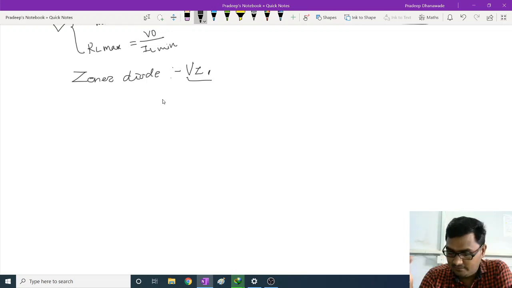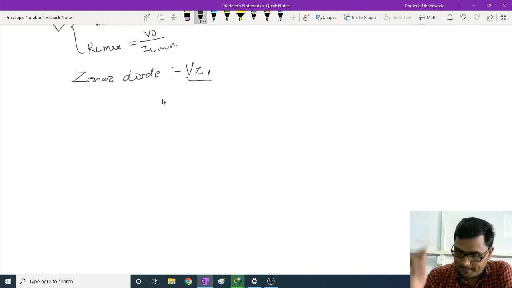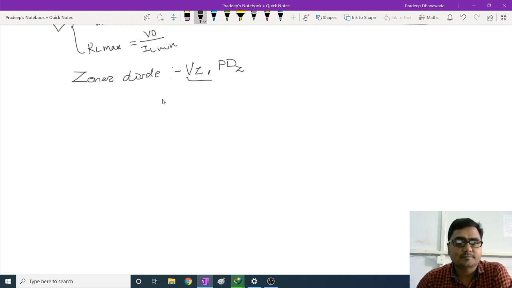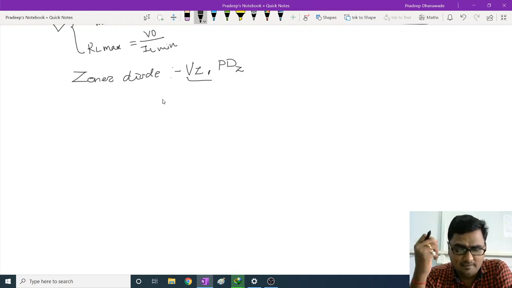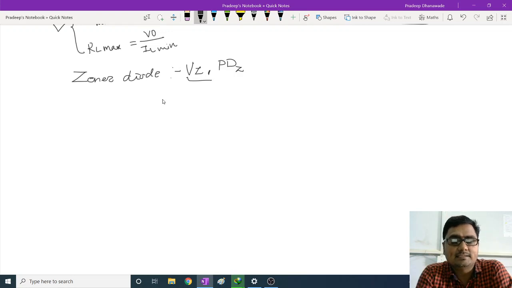Now if we go into detail, another thing that I need is its power dissipation, the power dissipation of a Zener. This power dissipation of the Zener is specified in the datasheet. I hope you have gone through my lecture titled Study of Datasheets. It is a study of datasheets for all the discrete components.